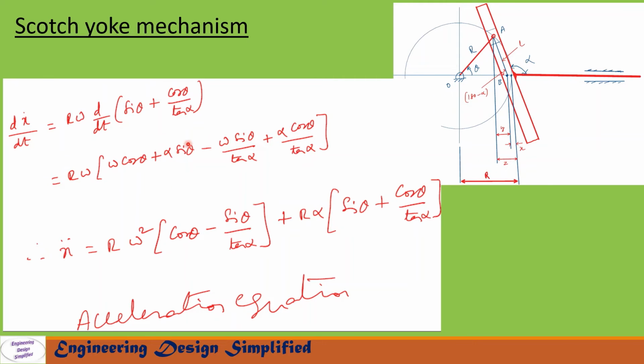So after rearranging this equation we get x double dot, that is acceleration of the plunger, equal to r omega square into cos theta minus sin theta by tan alpha plus r alpha into sin theta plus cos theta by tan alpha. So this is the equation to find acceleration of the plunger. Here omega is angular velocity of the crank and alpha is angular acceleration of the crank.